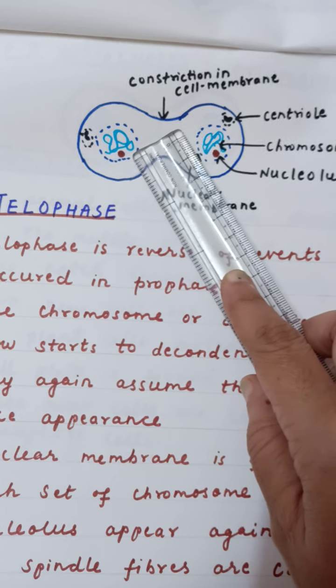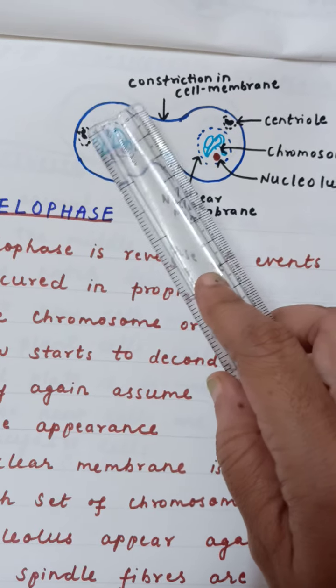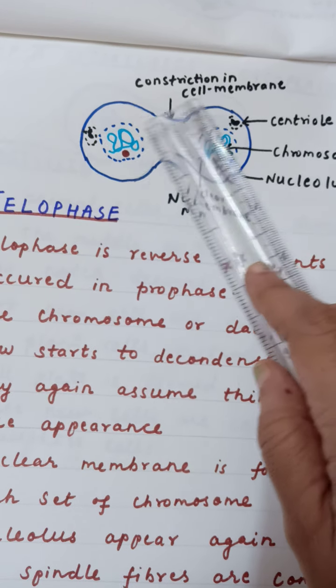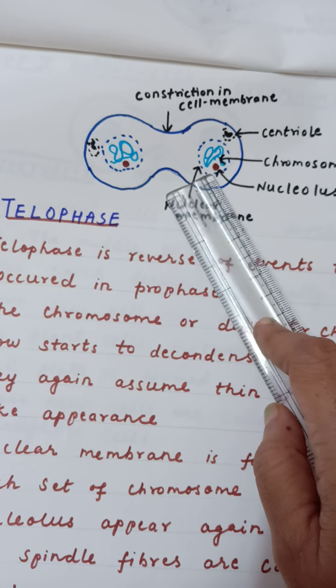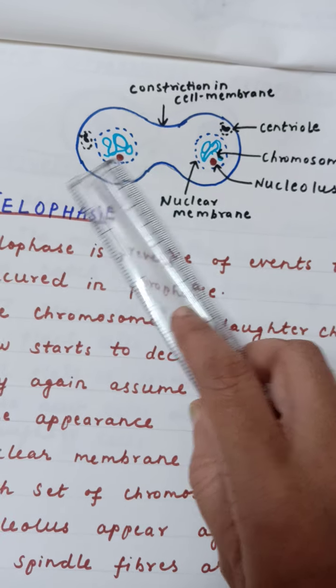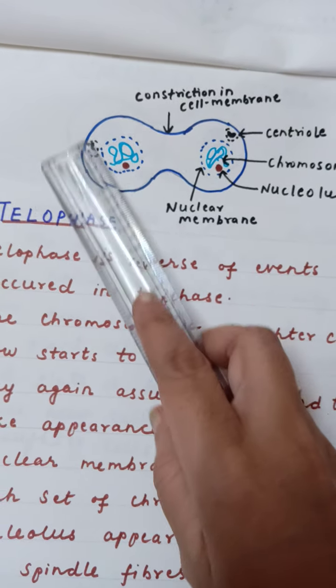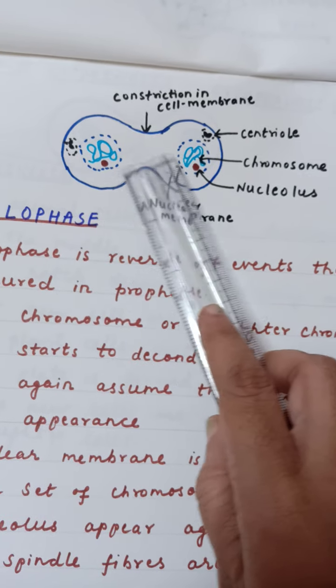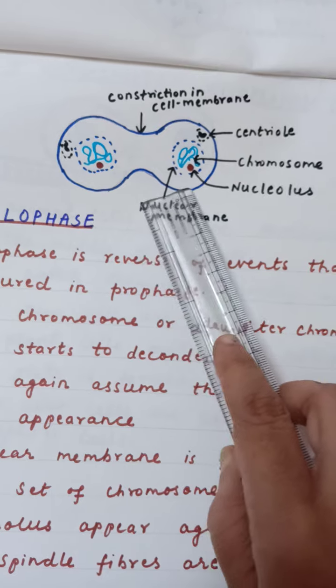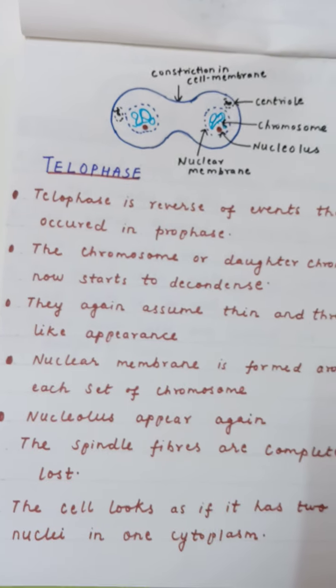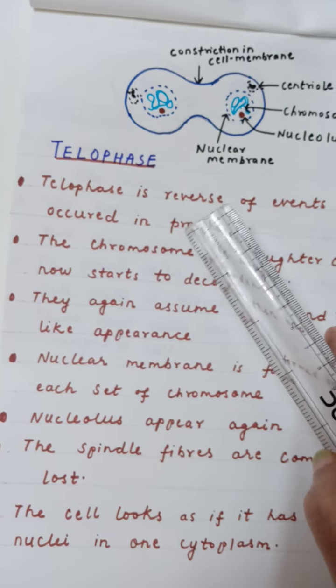The spindle fibers have disappeared. Now it seems like there are two nuclei, daughter nuclei, in one cell. This is the end of telophase.